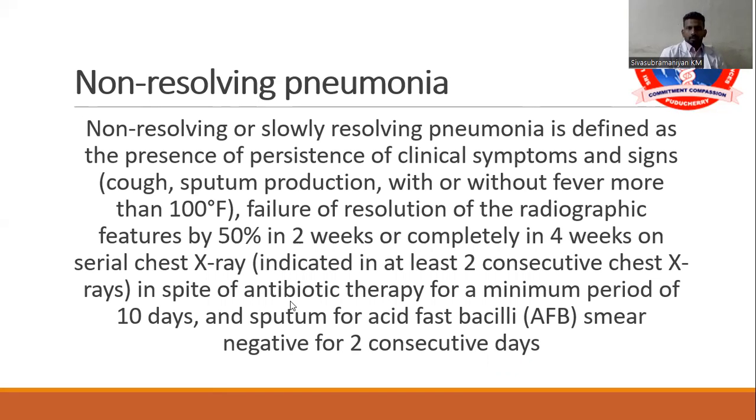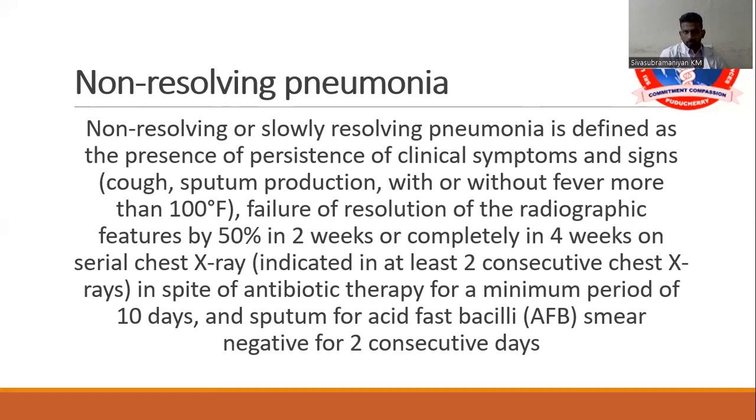Now, having described all the types of pneumonias and the patterns of pneumonia, we need to understand a very important point in the radiological evaluation of a pneumonia, that is called non-resolving pneumonia.